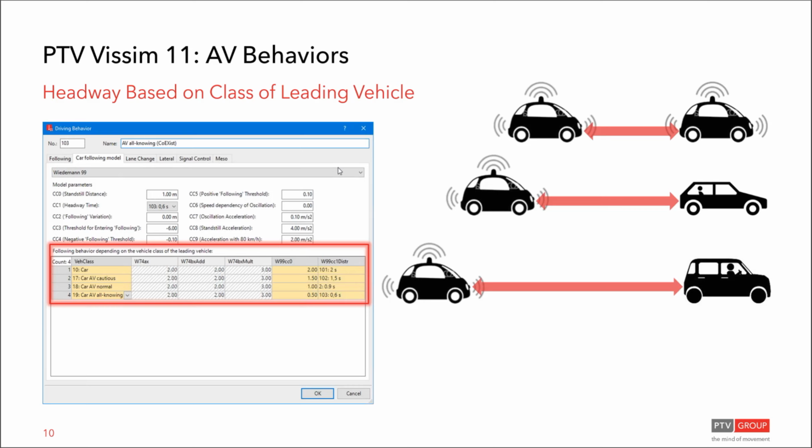And this is available for all driving behaviors, not only for the autonomous driving behaviors. So for example, if you want to model that a normal human-driven vehicle following another human-driven vehicle keeps a normal headway of 0.9, but if a normal vehicle follows a truck, it will keep a higher safety distance.